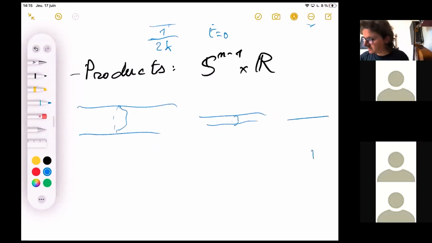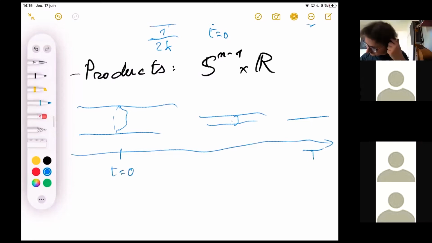And at the singular time, which would be here, I guess, 1 over 2(n minus 2), because we have the Einstein constant of the (n minus 1)-sphere, we have collapsing to a line. This will be a very important picture to have in mind, because it's the one kind of singularity that happens when you try to understand Ricci flow with surgery.